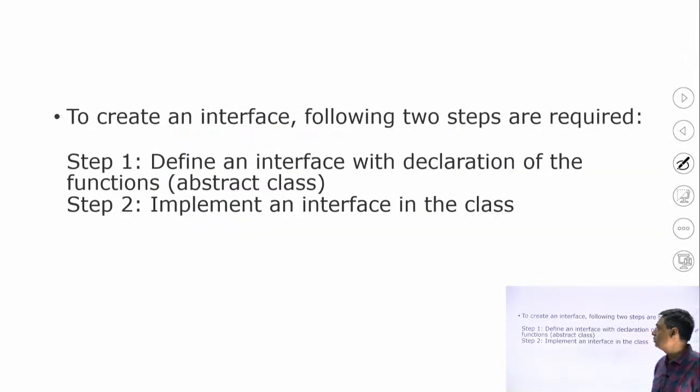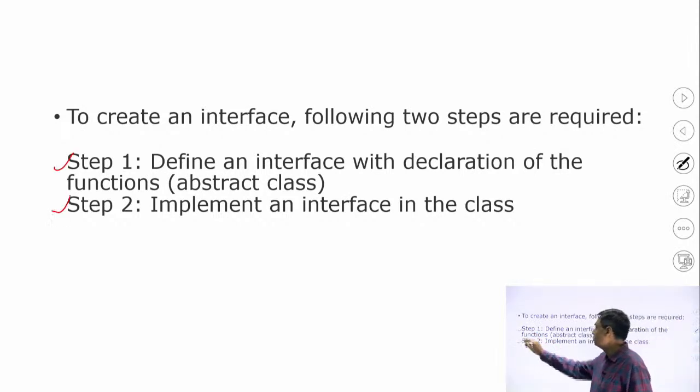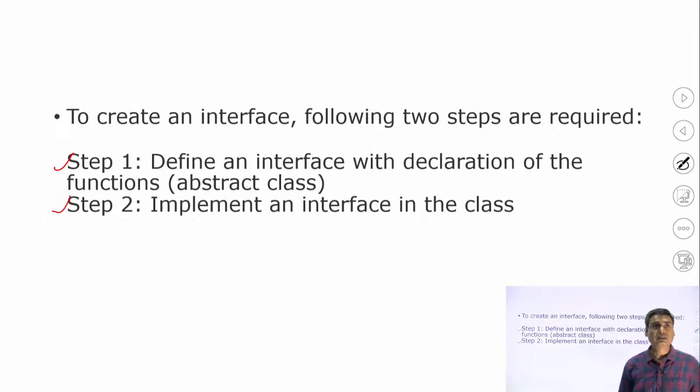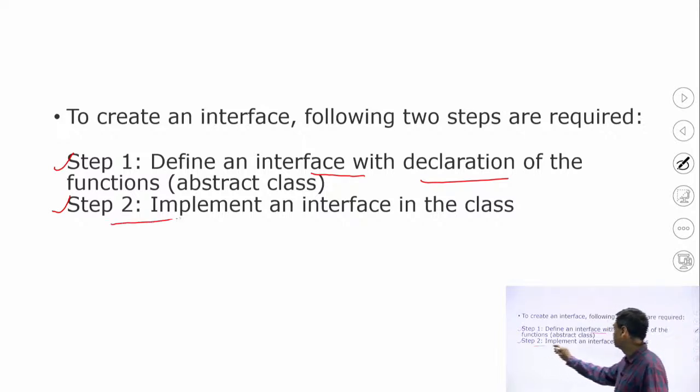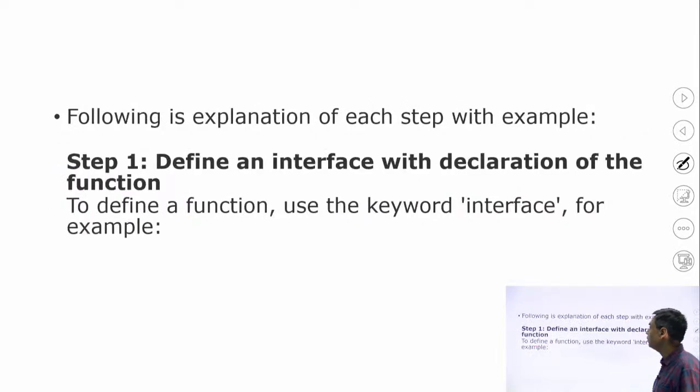So there are two steps for creating an interface, step 1 and step 2. In step 1, first of all you have to define the interface with the declaration of the function. This is called the abstract class. In step 2 we have to implement the interface, that is called the implementation of the interface. Now step 1: first we define the interface with the declaration of the functions.